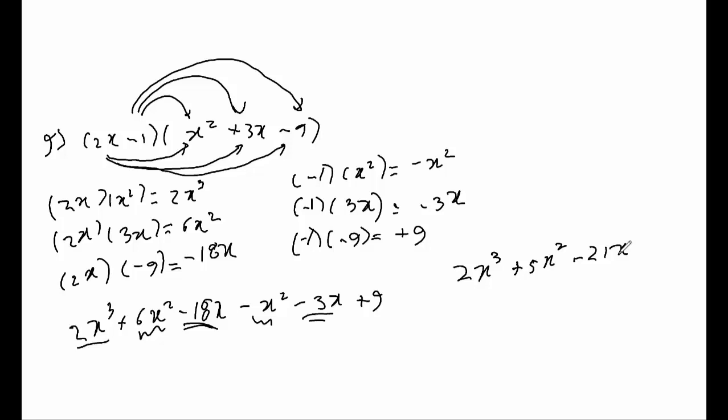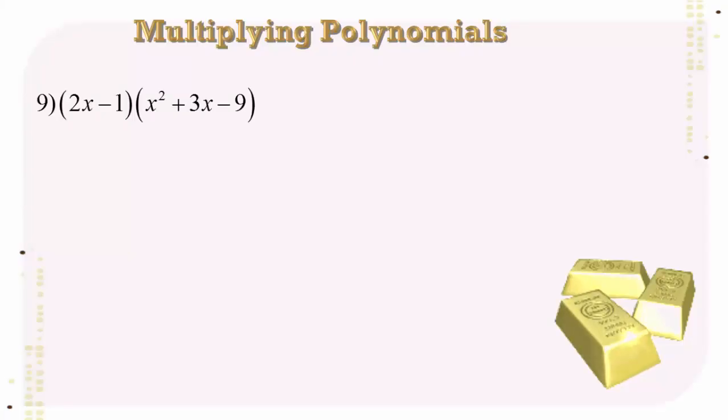And then finally, I'm left with the last term, which is plus 9, and that's my final answer after I distributed the binomial through the trinomial. So we just saw on the whiteboard how to multiply this binomial by this trinomial, and we got 2x cubed plus 5x squared minus 21x plus 9.